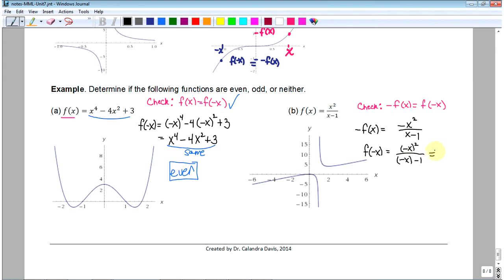Well, negative x times negative x is positive x squared. In the denominator, we have negative x minus 1. So notice that these two things are different. So we know that it's not odd.